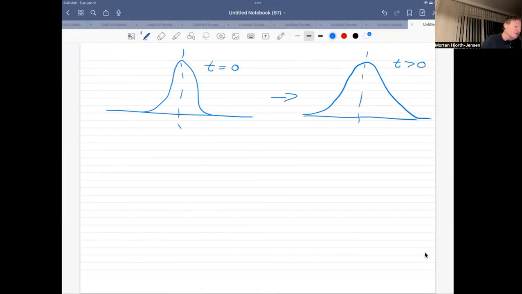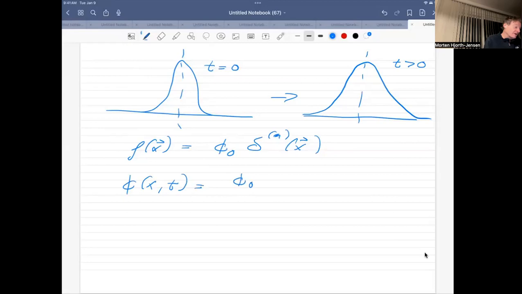And one of the simplest initial conditions which we can think of is a distribution which is sharply peaked at time t equal to 0, and that could be a delta function. So if I have an f of x which is given by some constant phi 0 multiplied with a delta function in n dimensions, then I will find that my phi x of t is given by this constant phi 0.